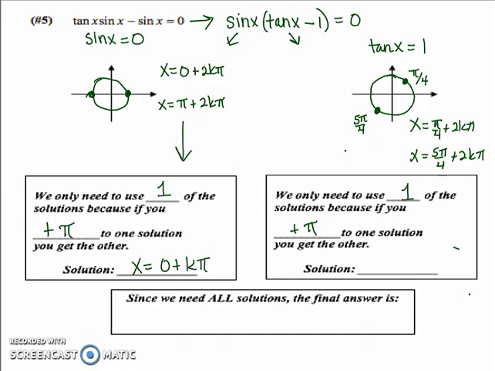If you're at pi over 4 and you add pi to it, you'll be at 5 pi over 4. So we can condense our solution down, and we can just write this solution as x equals pi over 4 plus k pi. So if we need all of our solutions, our two solutions are going to be x equals 0 plus k pi and pi over 4 plus k pi.